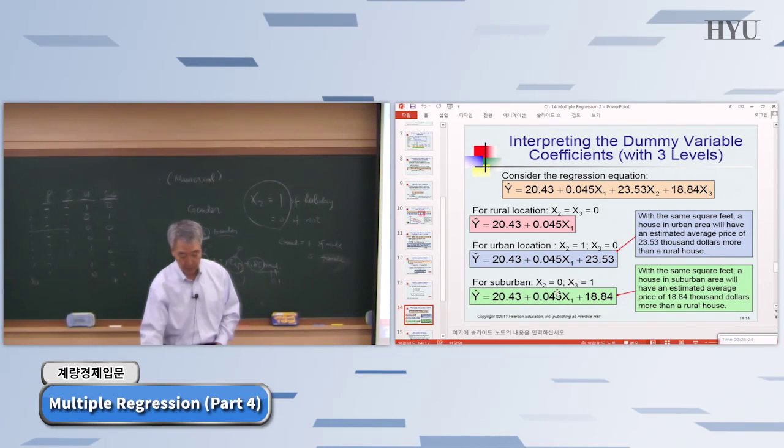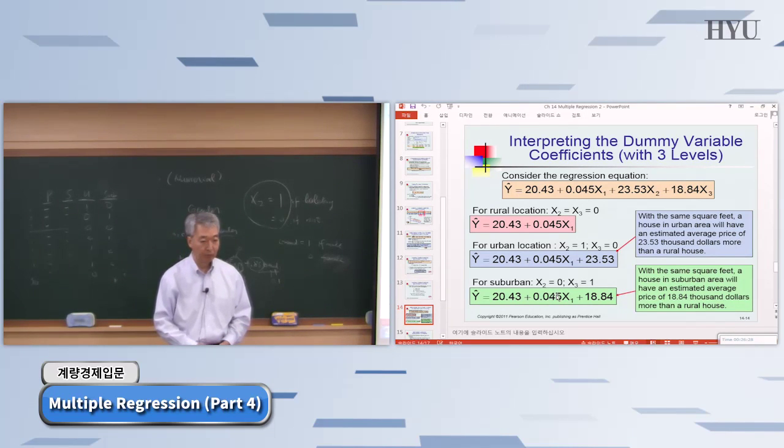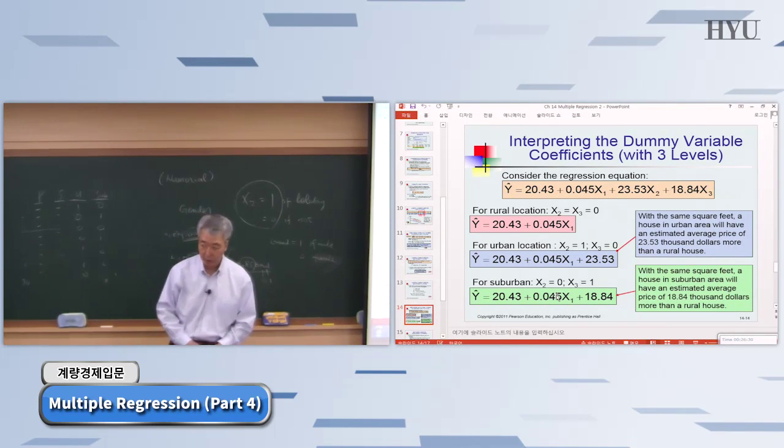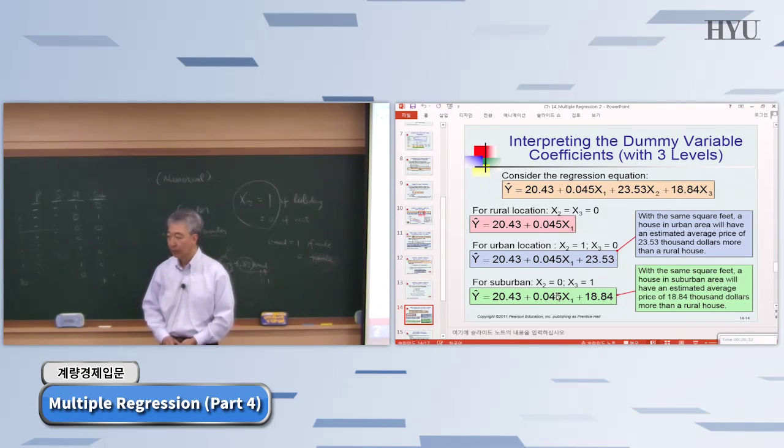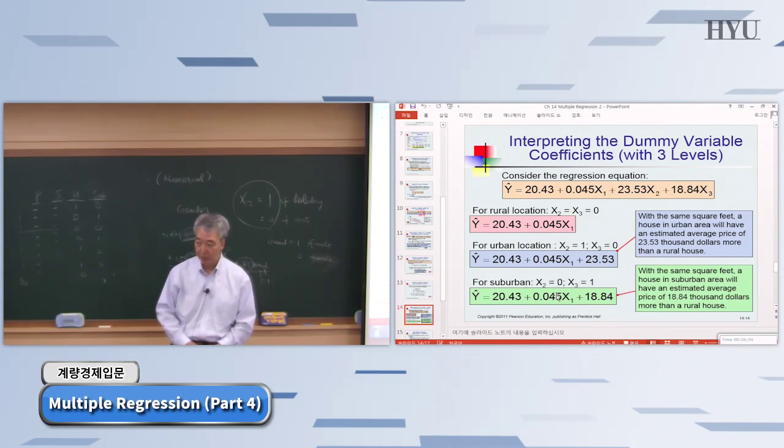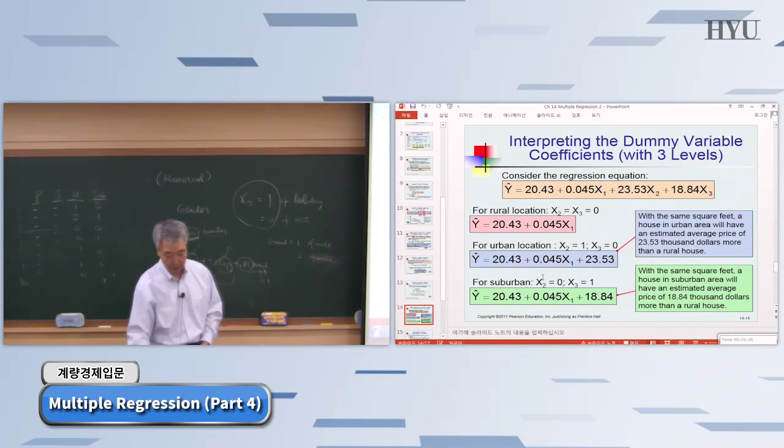The only difference is what? Where is the difference? The intercept, right? Because the intercept for the first case is 20.43. The intercept for the second case will be 20.43 plus 23.53.